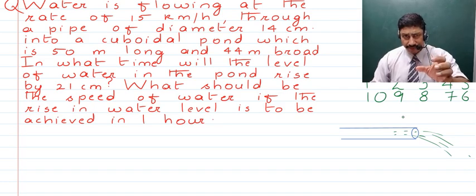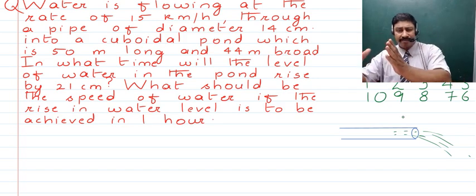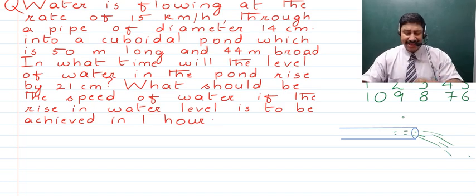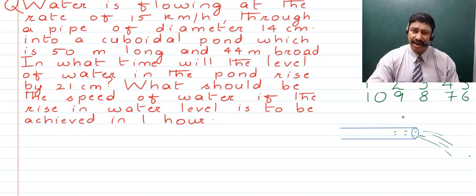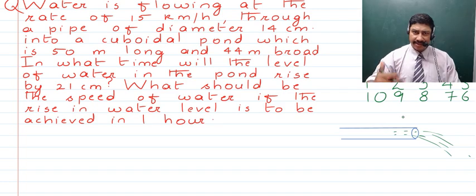So if you talk about the speed, it is actually the length of water in the pipe which has fallen off. That will give you the speed of water which is coming out of the pipe, and that is why it is in kilometer per hour. That means if you talk about the unit, it is just a unit of length. If it had been the volume that was being talked about, you would have had kilometer cube per hour. Did you understand, Ruhi?